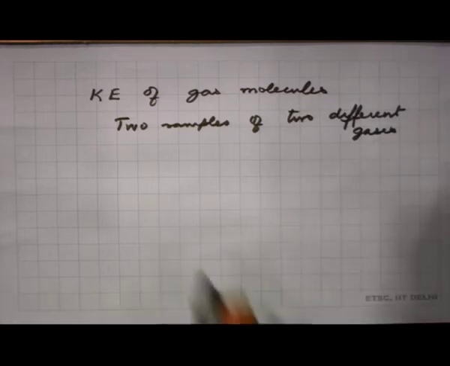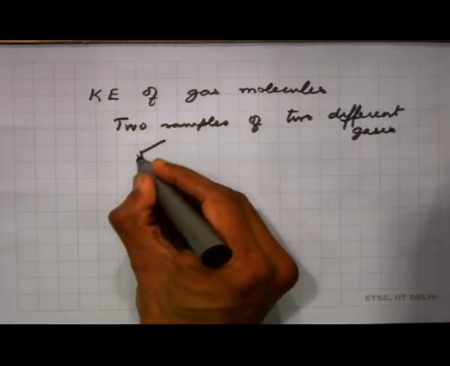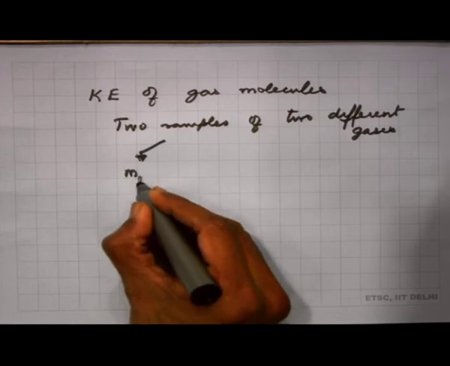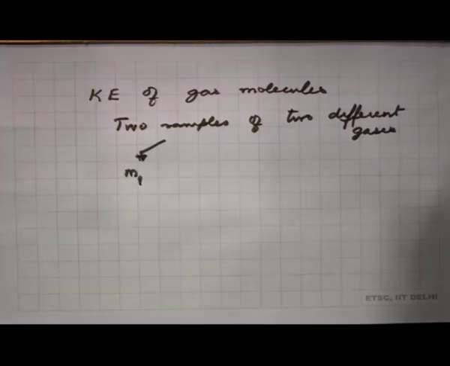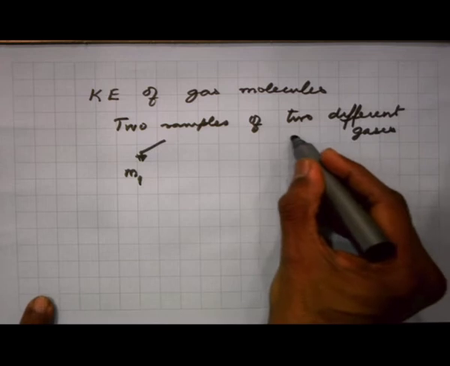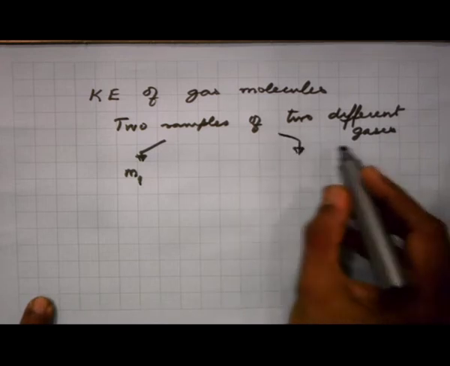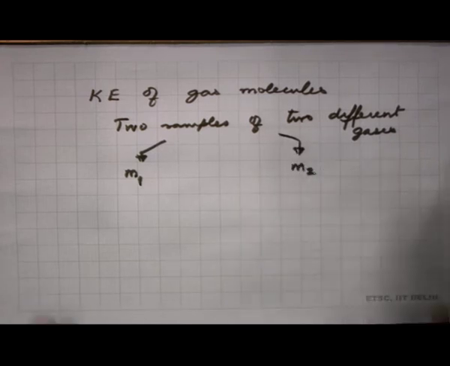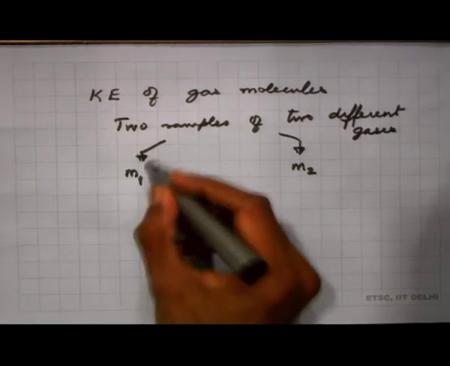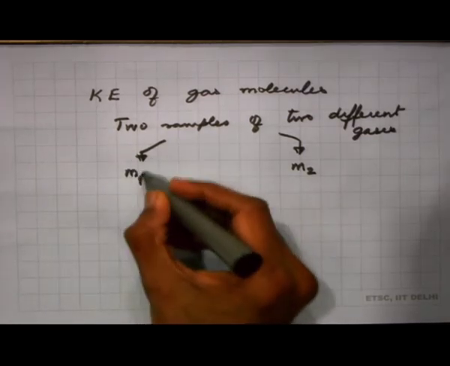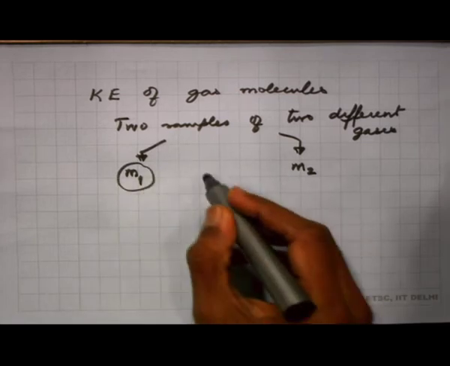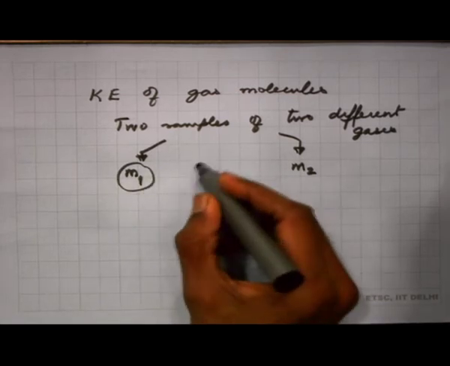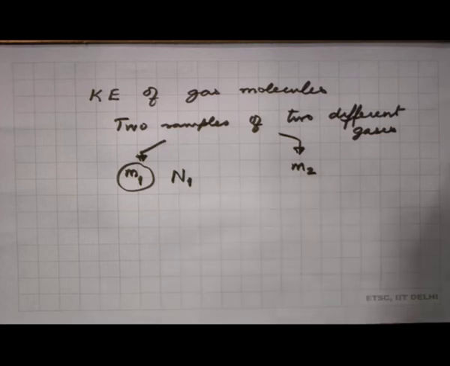Under identical conditions, imagine that you have one sample whose molecules have an atomic or molecular mass m1, and another sample whose molecules have an atomic or molecular mass m2. Let us imagine that we put the sample with molecular mass m1 into a container, and we have n molecules of this.